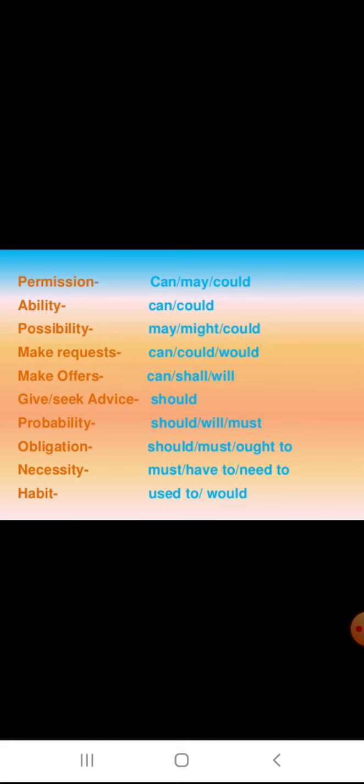For offers, can, should, will, when you are making offers. To give or seek advice, you can use should. For probability, you can use should, will, must. For obligation, we can use should, must, ought to. For necessity, must, have to, need to. For habit, we can use used to or would.